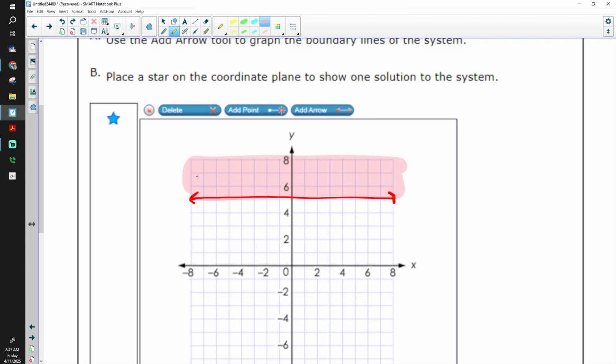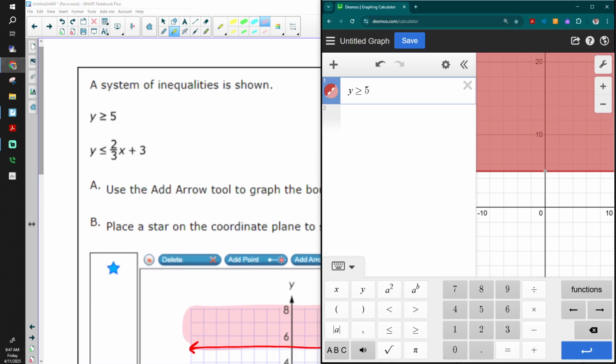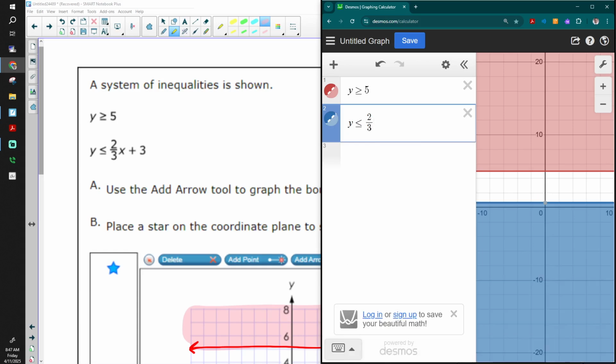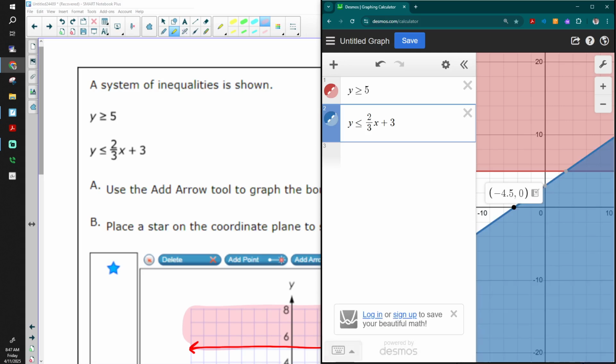Okay, on to my next equation. My next equation is y is less than or equal to 2/3 x plus 3. Okay, what I want to do is select two pretty points. -4.5, not very pretty. 0, 3, and 3, 5.